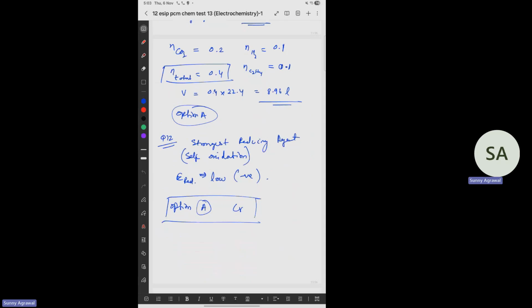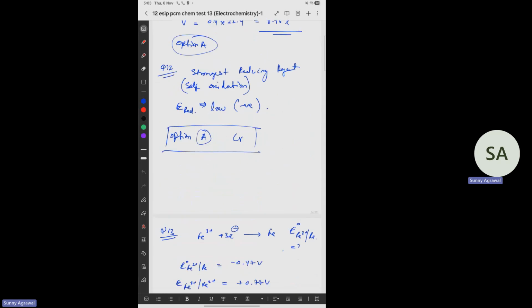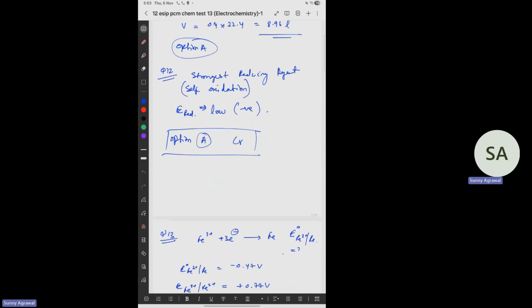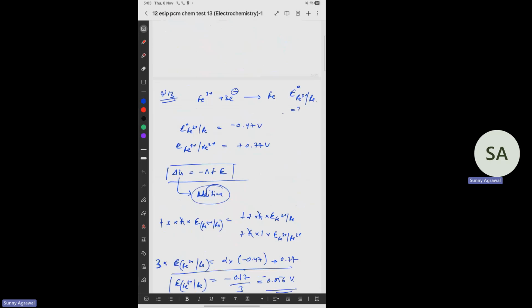When the E0 reduction value is the lowest, that will act as the strongest reducing agent. So from the above, we can see chromium will act as the strongest reducing agent. Question number 13.